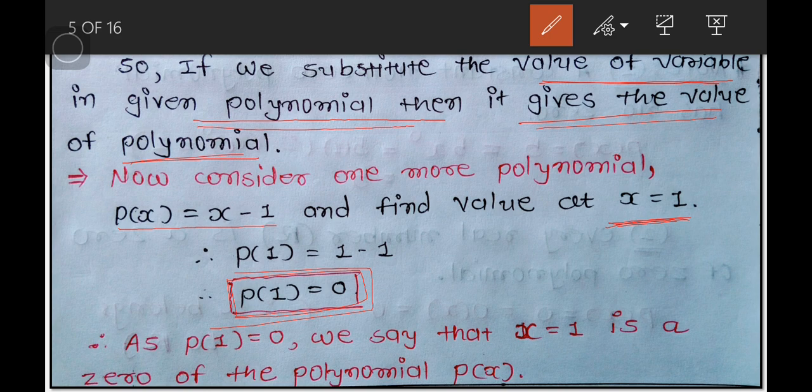Now you understand what is a zero of a polynomial. If you put any value of the variable in a polynomial, and it gives the value of the polynomial equal to 0, then that value of the variable is called a zero of the polynomial.